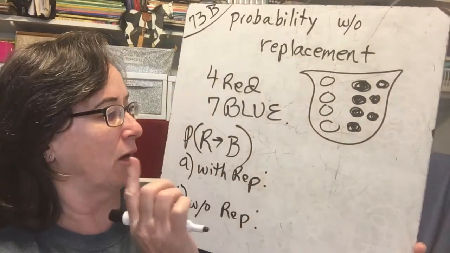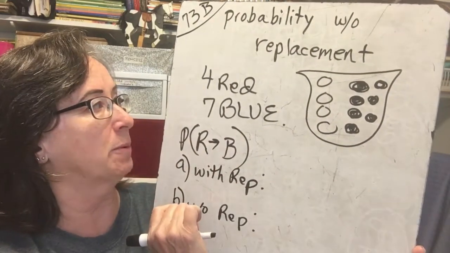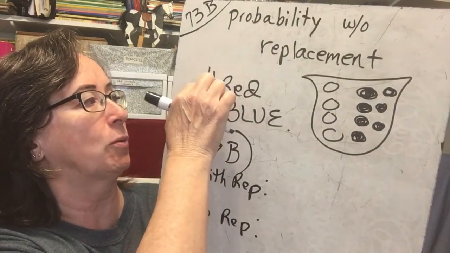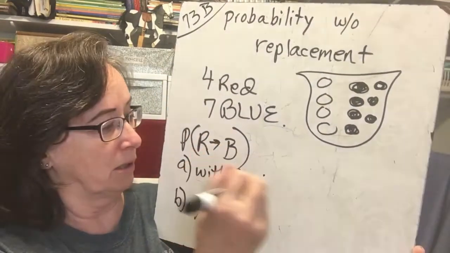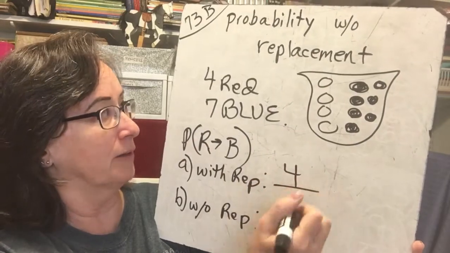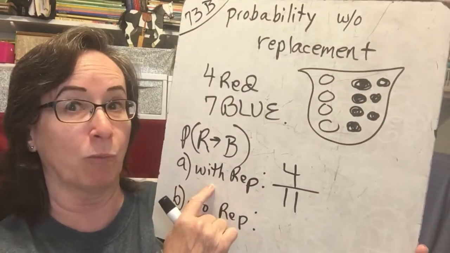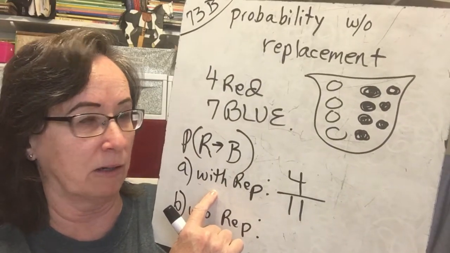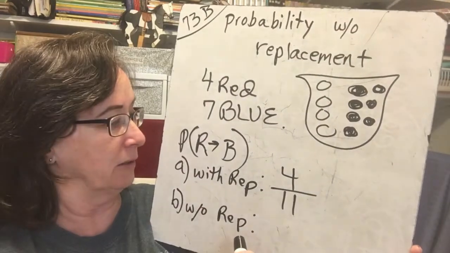Okay, so if I'm going to draw a red first, the probability of a red would be 4 out of 11 total. So 4 out of 11 would be my probability of a red. Now I'm replacing it back in there so that these stay the same. So I throw it back into the urn.